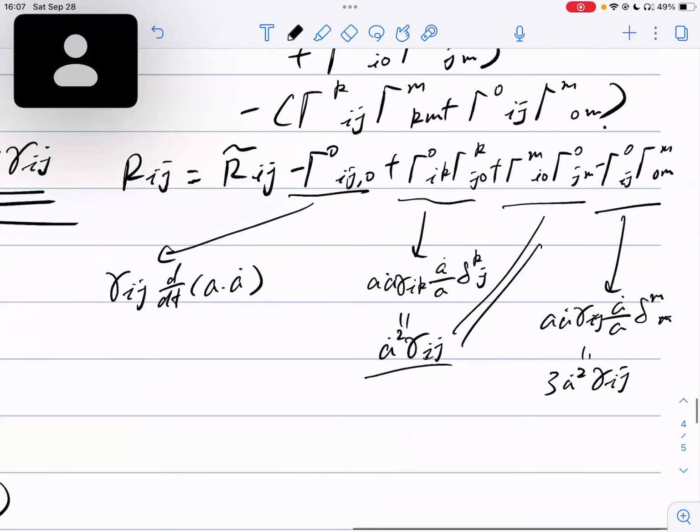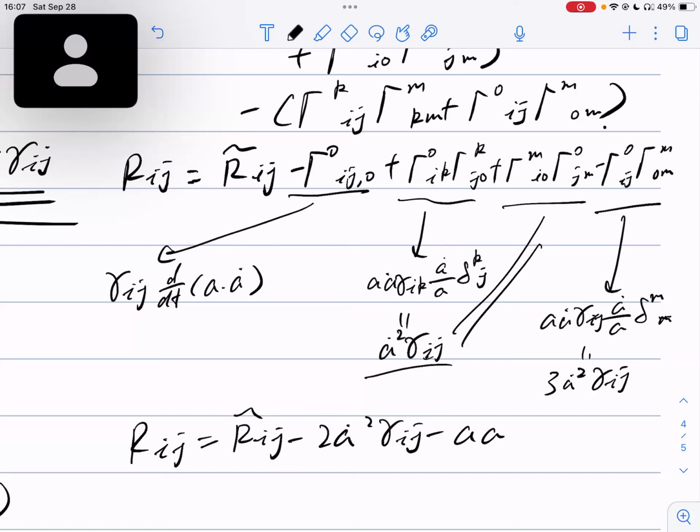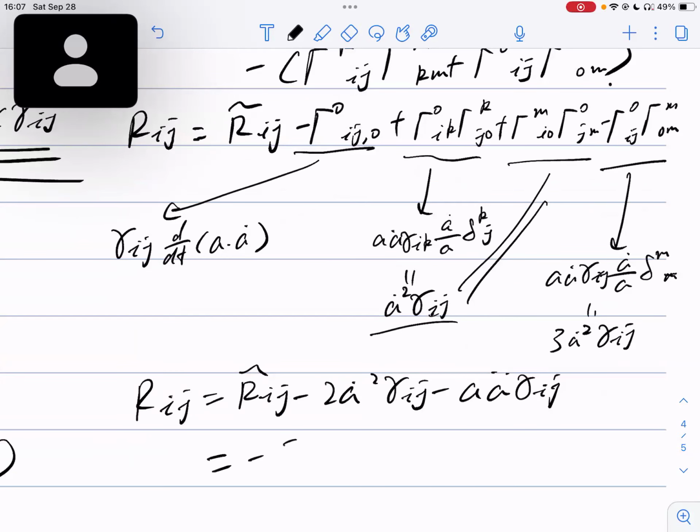And we finally obtain the complete expression: Rij equals R2 ij minus 2k, plus 2a dot square plus a times a double dot, gamma ij.